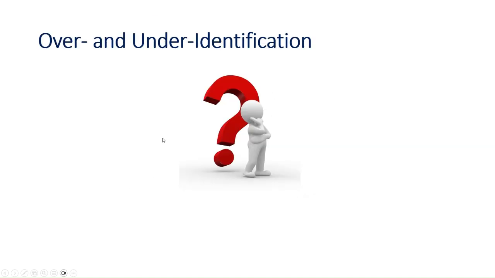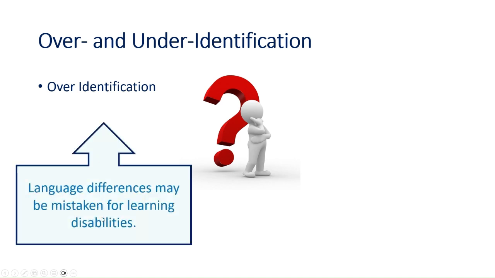Now, in the United States, there has been ongoing concern about the over identification of English learners for special education services. As we have discussed, some educators may misunderstand the language acquisition process and mistake language proficiency challenges for learning disability. This can lead to over identifying English learners for special education.